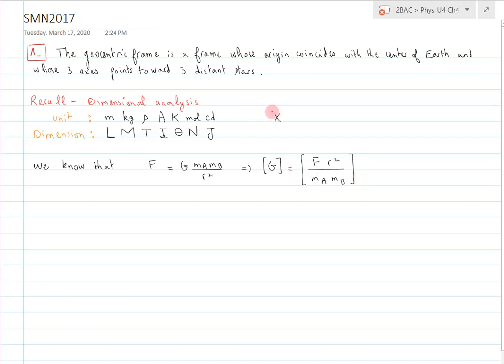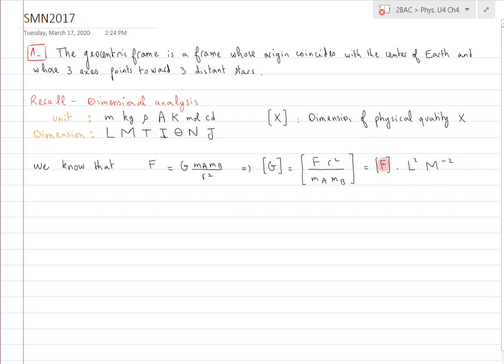So let's say X is a physical quantity; if I put it between brackets, it means the dimension of the physical quantity X. So the dimension of G is equal to the dimension of F, the force, times the dimension of R, which is a distance, length, so L square. The dimension of mass is big M, so M minus 2.